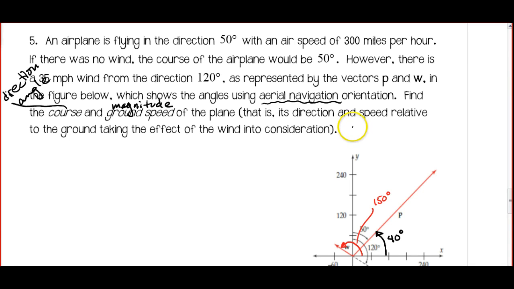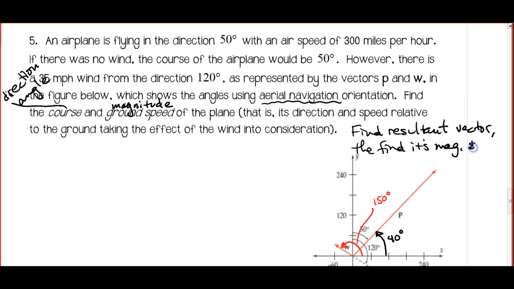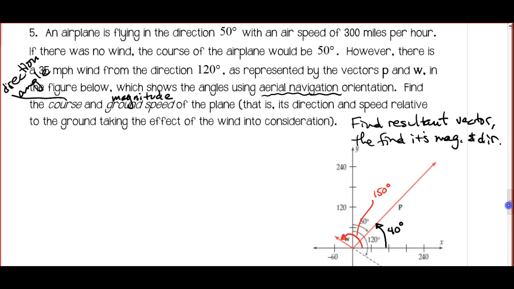Okay, so we're going to find the resultant vector, and once we do that, we're going to find the magnitude and direction of the resultant. So find the resultant vector, then find its magnitude and direction. You know, the expectation is that you're going to be able to interpret all of that from the information. So this is a multi-step problem.